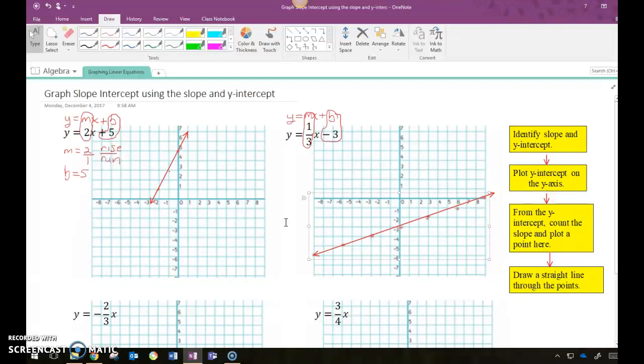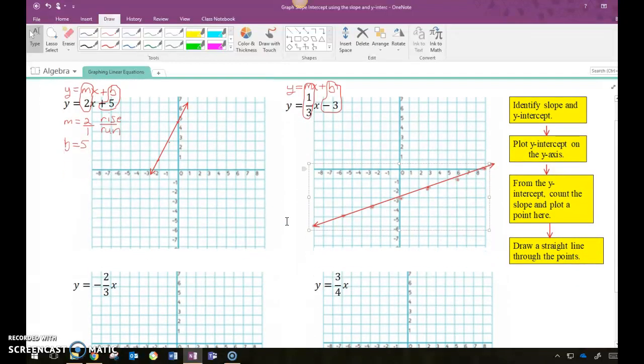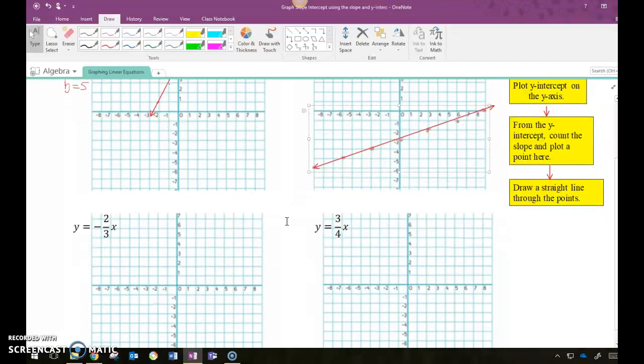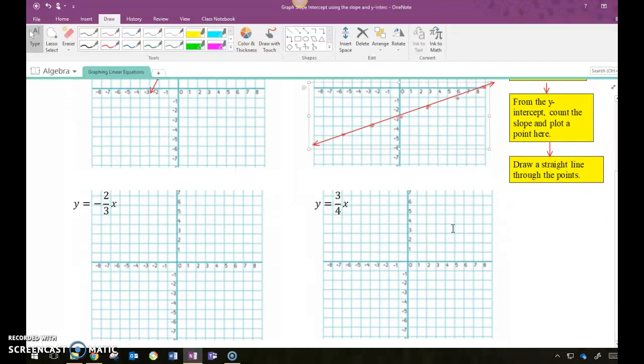Okay, so let's scroll on down and take a look at another example here. So in this example, we've got y equals -2/3 x. So again, I'm going to write my slope-intercept form above the equation. Notice I'm lining my y's and my x's up so that I can identify information out of the equation.